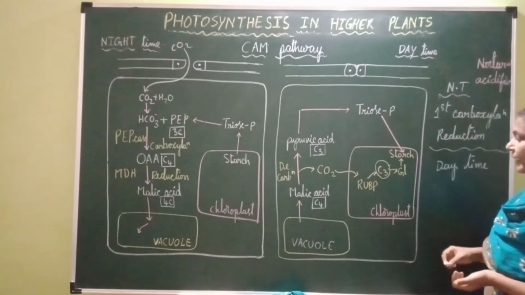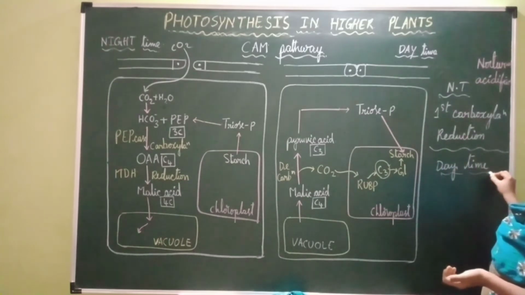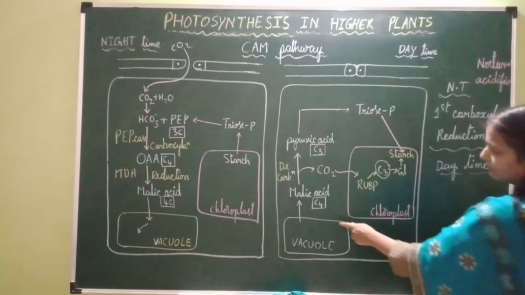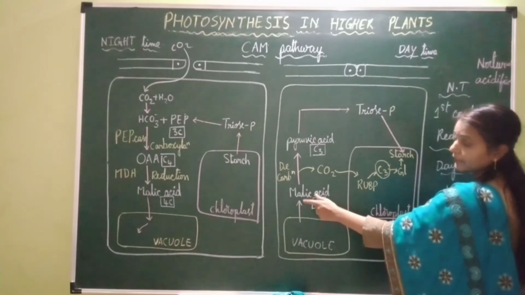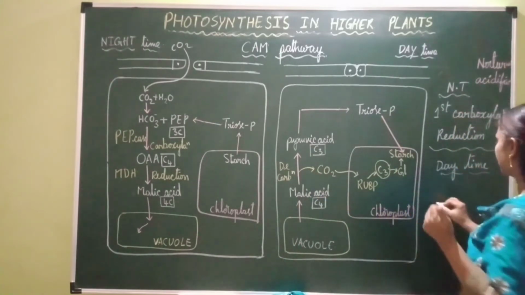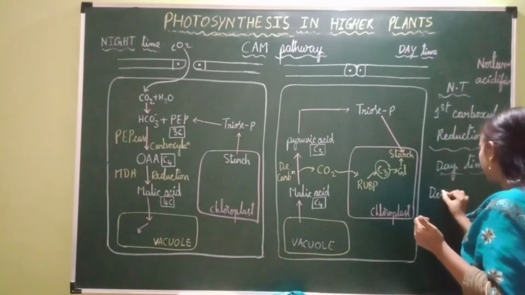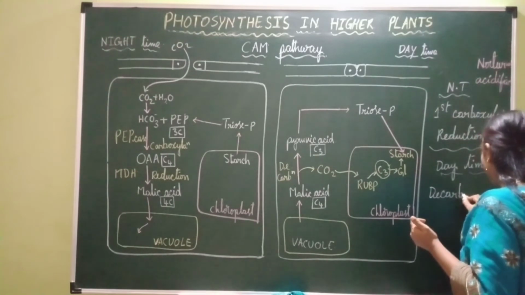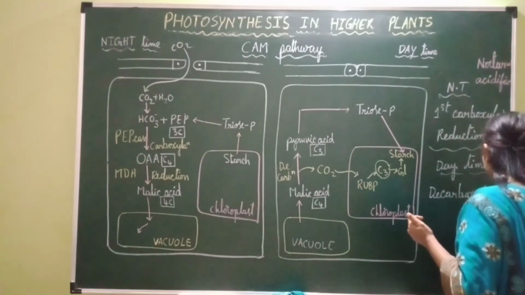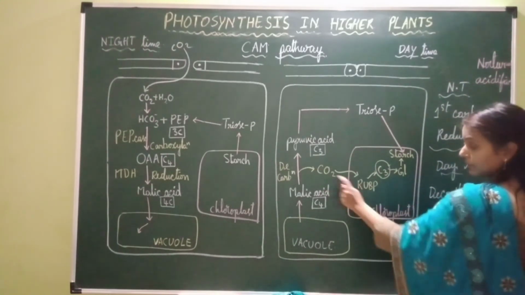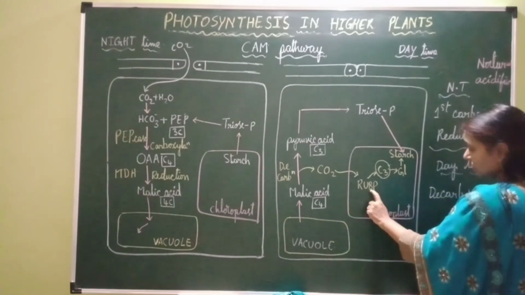Next, coming to daytime, what is happening? During daytime, malic acid is coming out of the vacuole and it is undergoing decarboxylation. After decarboxylation, this carbon dioxide is fixed into RuBP.